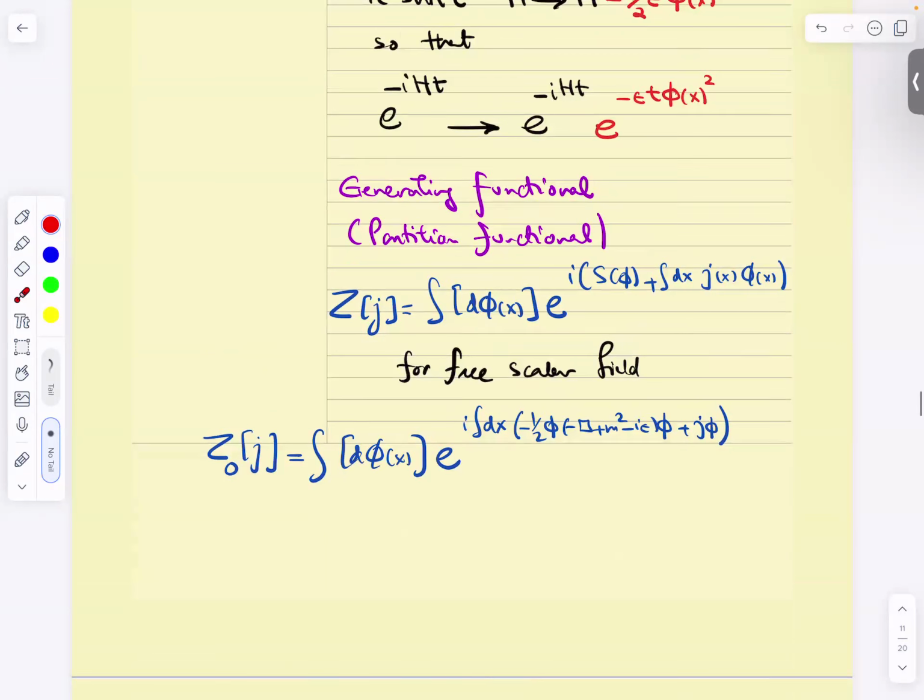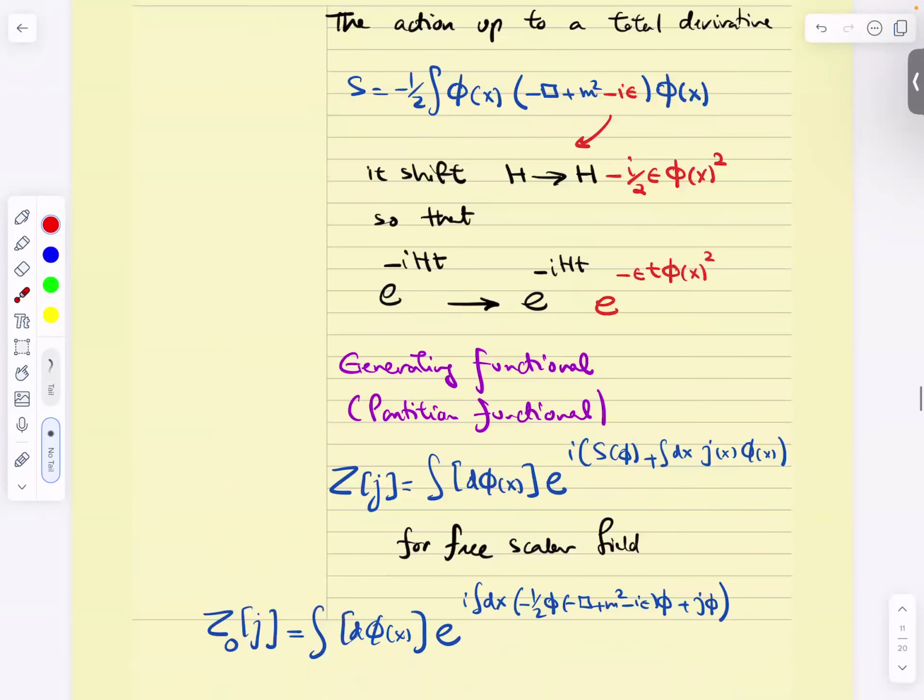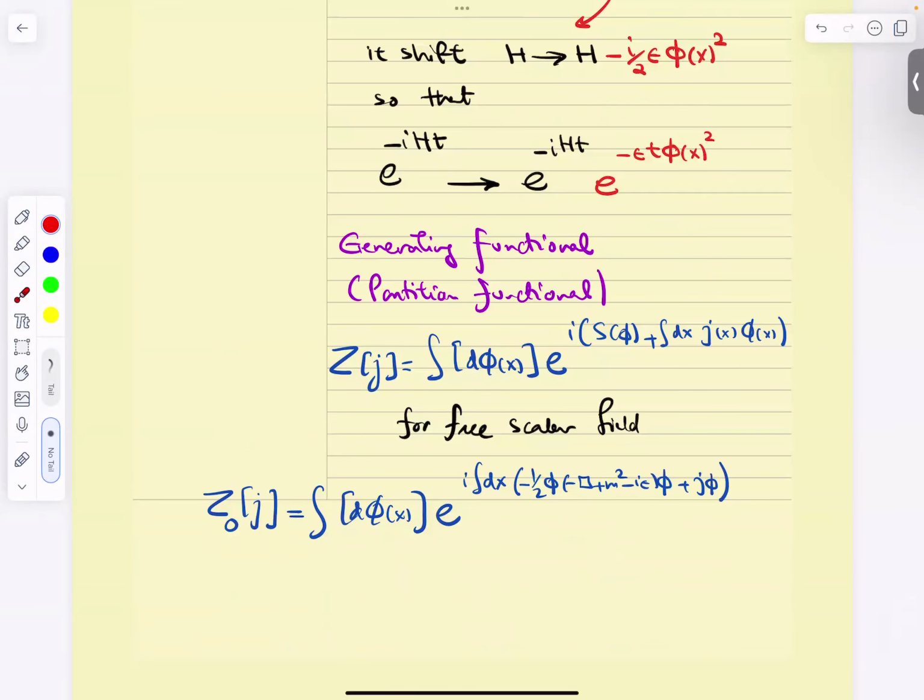You define a generating functional. What is a generating functional? Well, let me first say this. For the moment, let's remove t_i and t_f. We're just going to path integrate over the whole space. Let's just ignore that for a second.